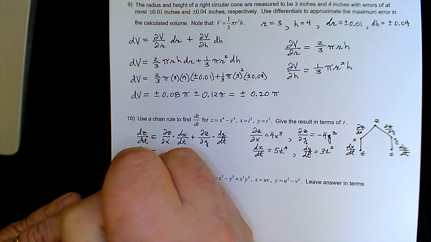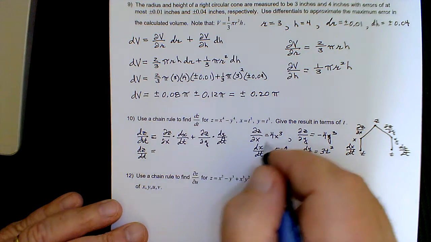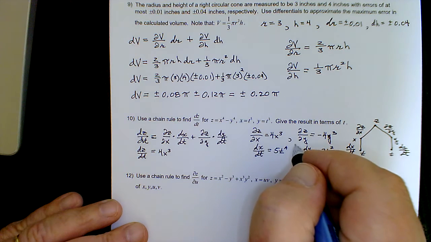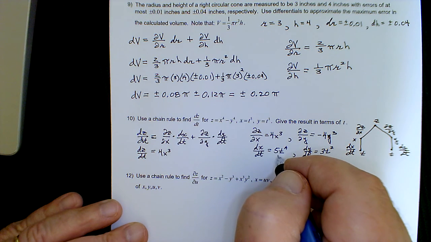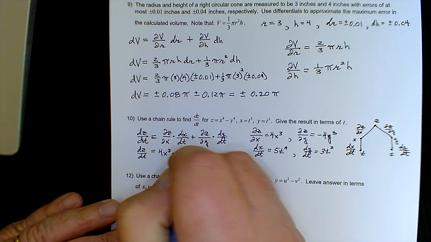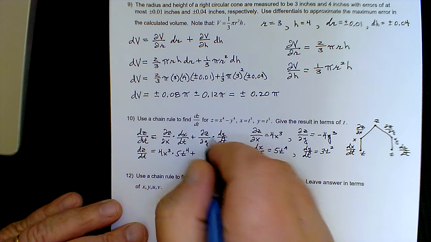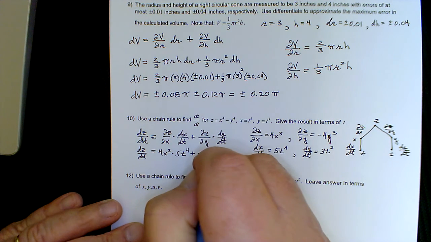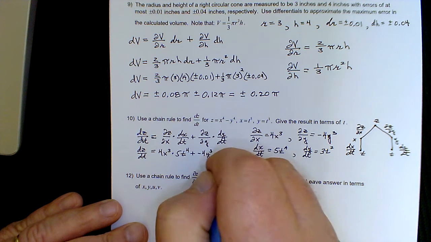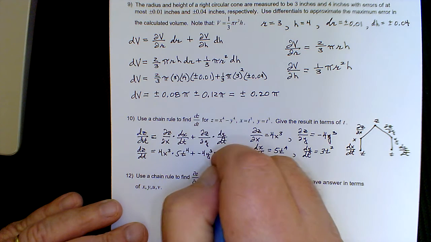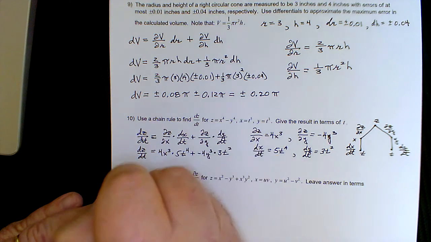So dz dt is partial z with respect to x, which was 4x cubed, times the partial of x with respect to t, 5t to the fourth, and then partial z with respect to y, negative 4y cubed, times the partial y with respect to t, which was 3t squared.